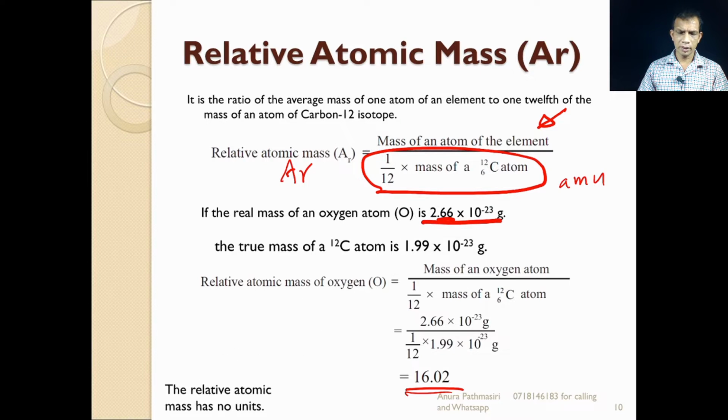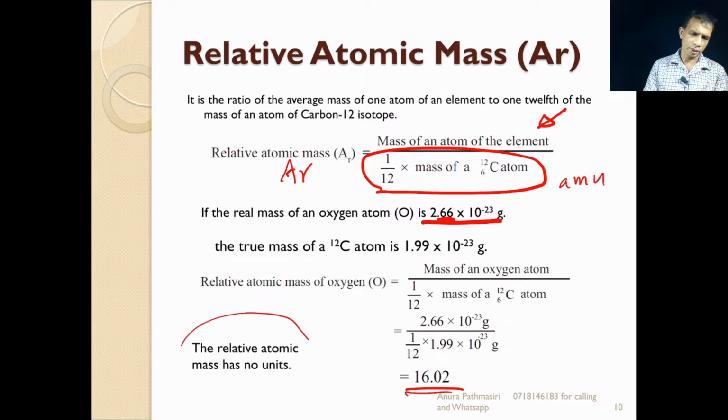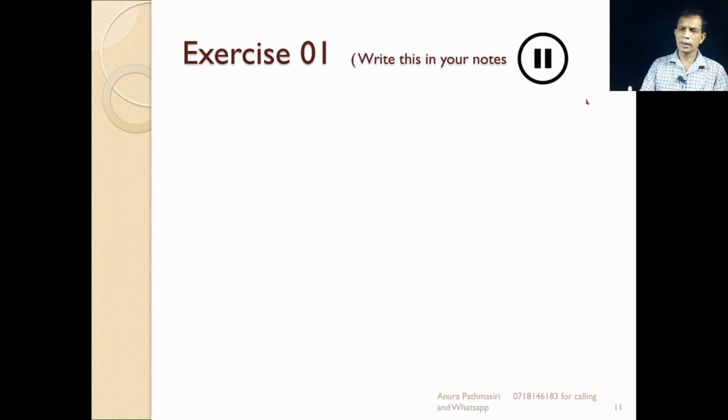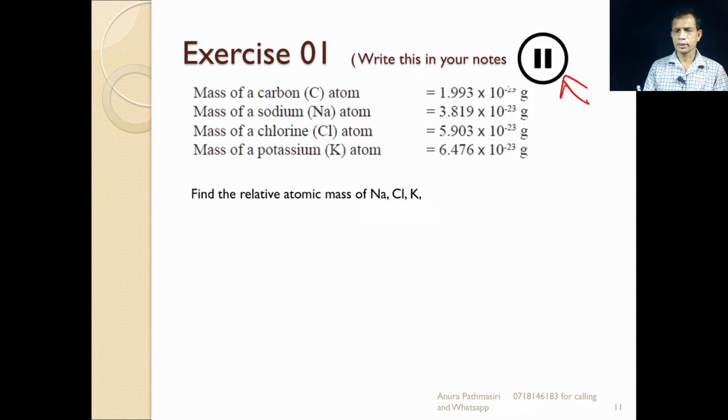One thing is that the relative atomic mass has no units because it's a relative value. Now you have to pause the video and calculate the Ar, relative atomic masses of sodium, chlorine, and potassium.